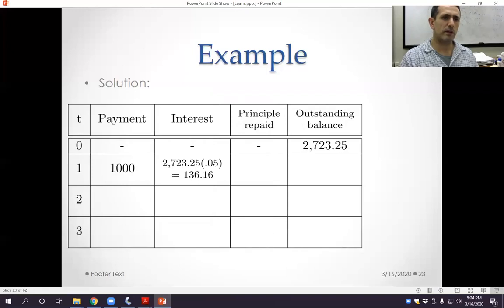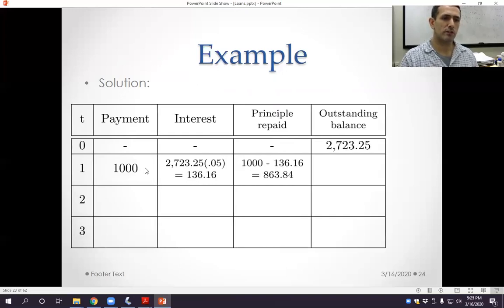So practically speaking, what is your interest? Well, it's just how much you owe times 0.05. It's 5% interest. So that's 136.16. You first pay off interest, so you take the 1,000, subtract 136.16, because you're using 136.16 to pay off the interest.